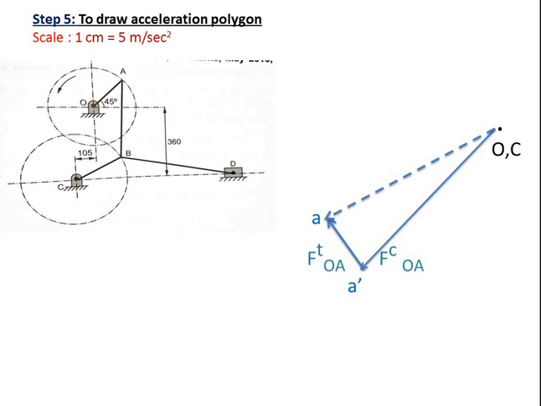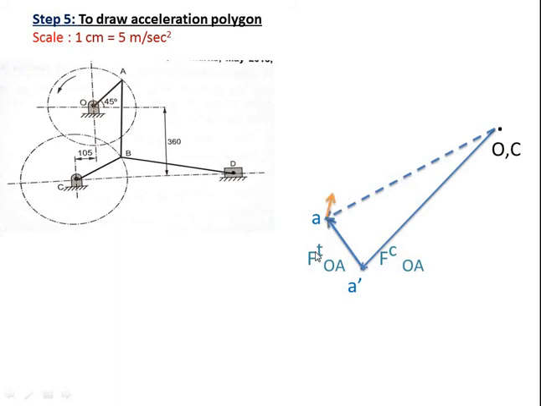So how to consider the names? In the sequence in which the motion is transmitting: OA, then AB. So that's why A is the center of rotation. The centripetal component will be towards A, and towards A means upward. So from A, parallel to AB in an upward direction, is the centripetal component.